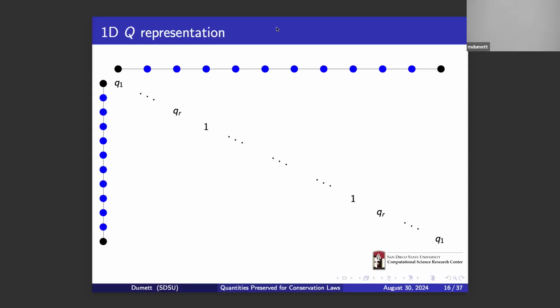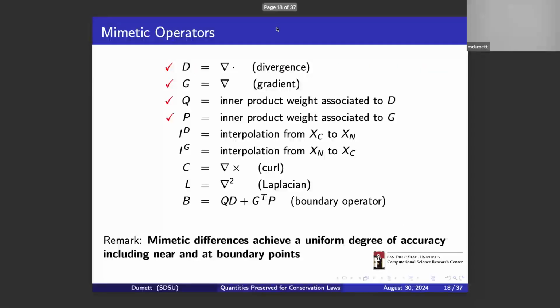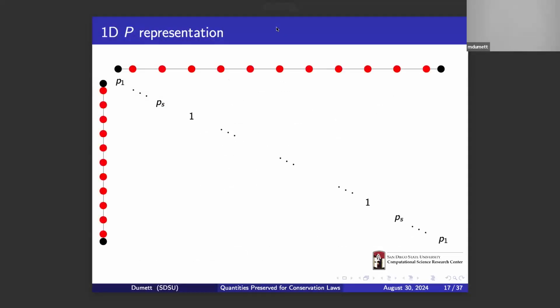Similarly, you have a representation for P, with the same characteristics. And I assume that R and S are related to the order? Exactly. The higher the order, the more they grow. Yes, exactly. I have a particular form for that, but I won't mention it because I am still working in the usual way of doing these things. Okay.